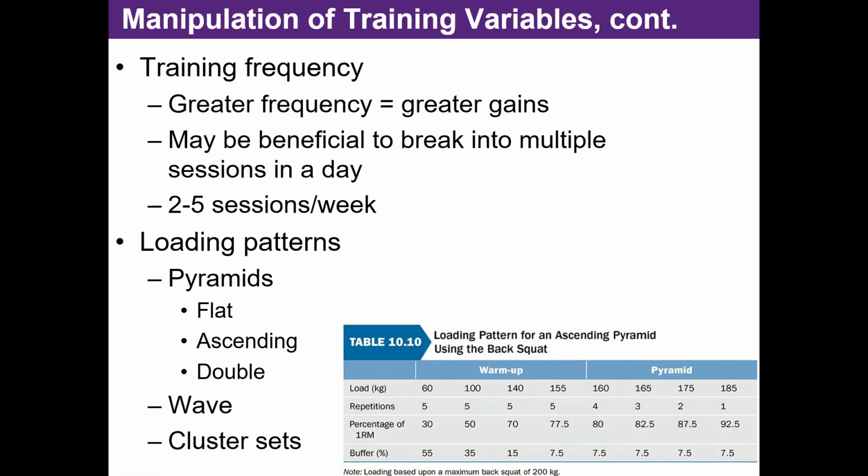As opposed to an ascending one, so they'll do their warm-up, working their way up to 160, 165, 175, 185. So increasing the intensity, dropping the volume, because they're dropping the number of repetitions. And then double pyramids, that classic bodybuilder pyramid from the 60s and 70s.